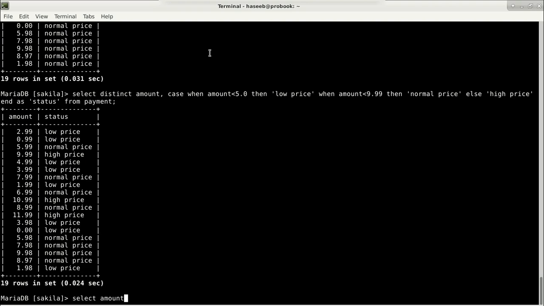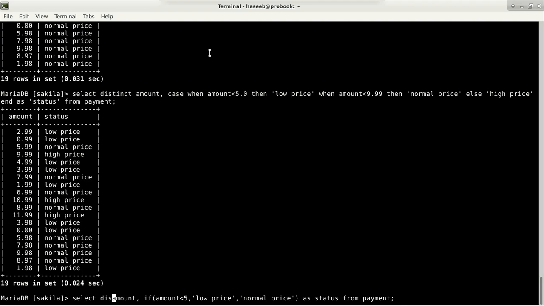Select amount, comma, if amount is less than 5, print low price, else print normal price as status from payment.